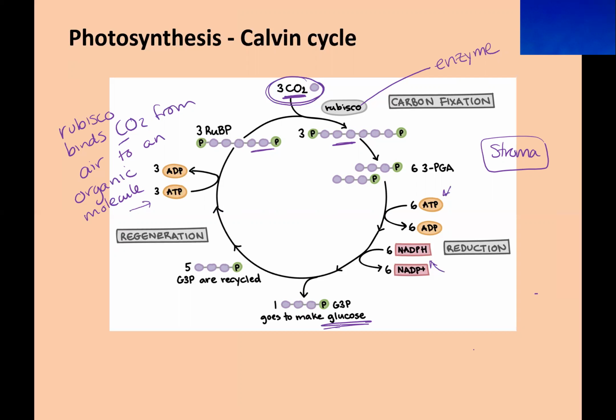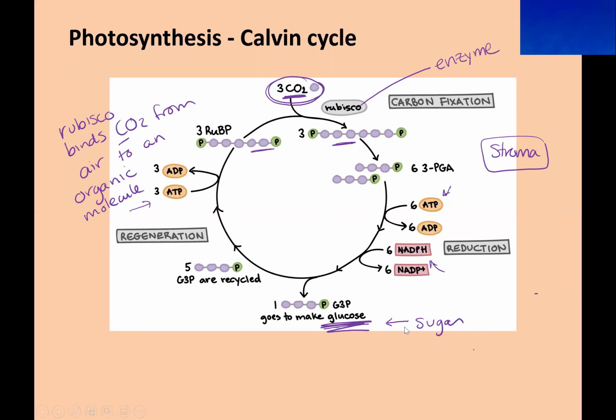That's eventually going to allow us to make sugar, our end product. Okay. Rubisco allows us to take that inorganic carbon dioxide and make organic molecules.